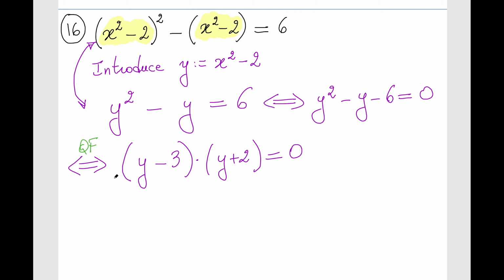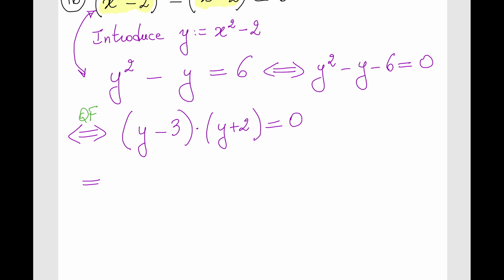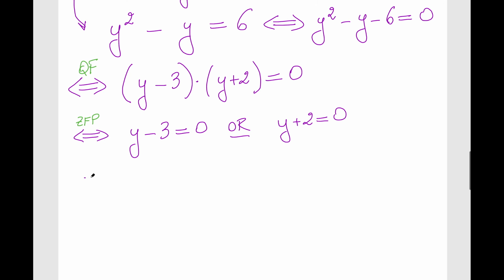And by the zero factor property, we get y minus 3 is 0 or y plus 2 is 0, which means either y is 3 or y is negative 2.